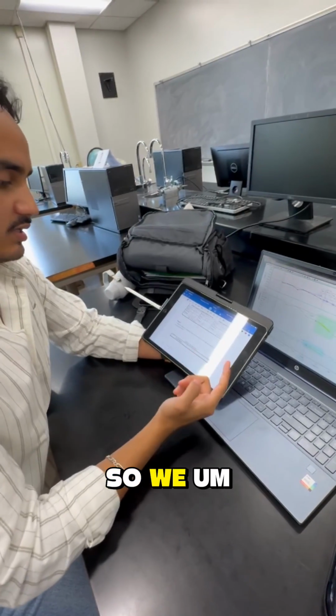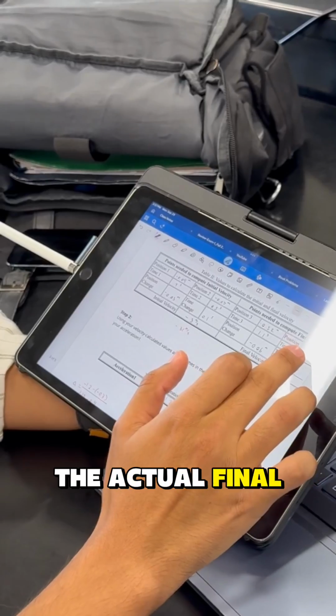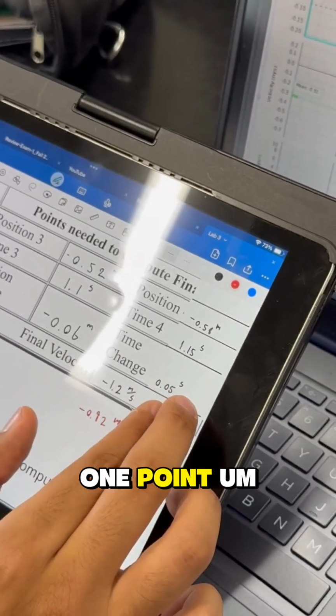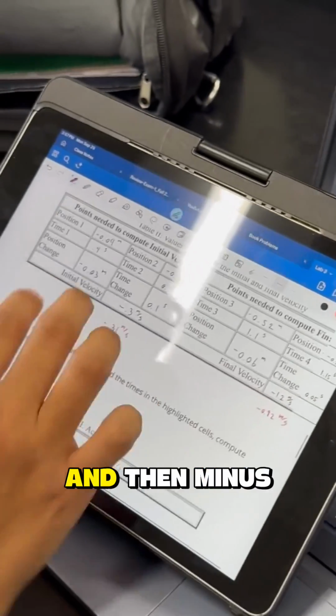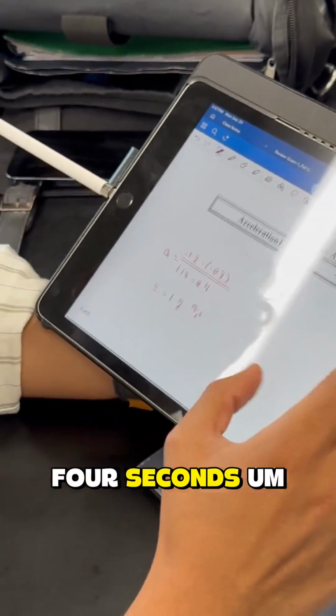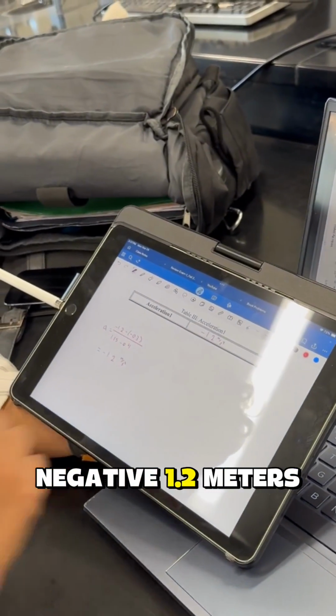So we tried using the actual final time, which is time 4, 1.15 seconds, minus our actual initial time, which is 0.4 seconds. And we got a much more reasonable answer, which was negative 1.2 meters per second squared.